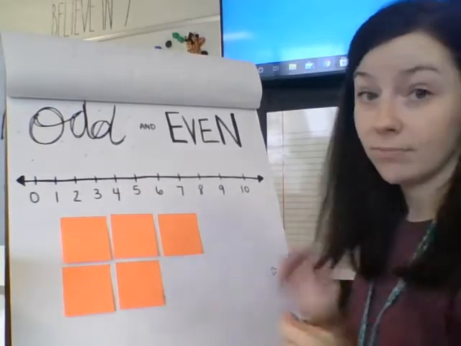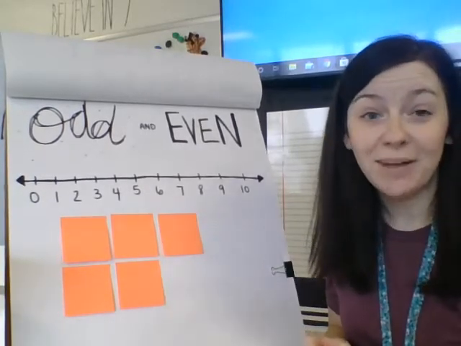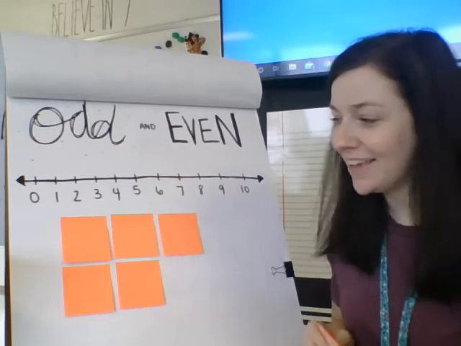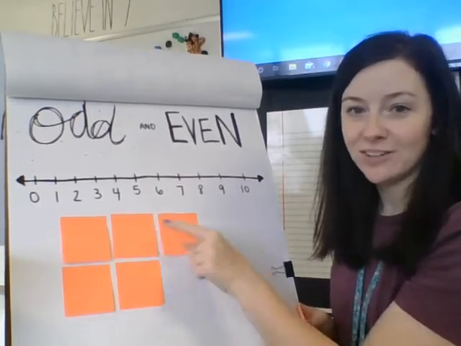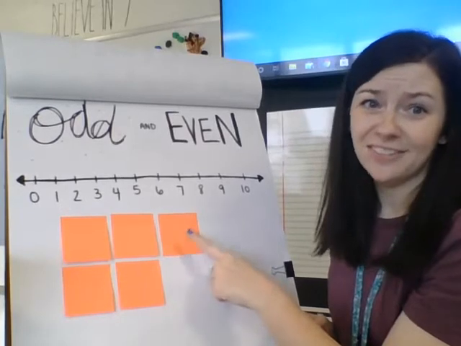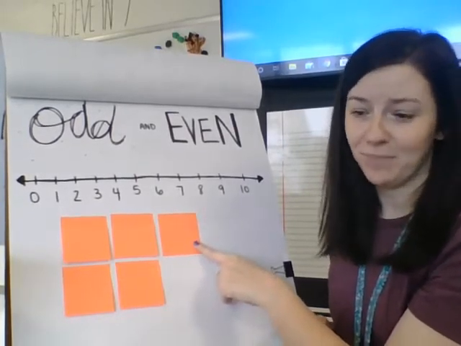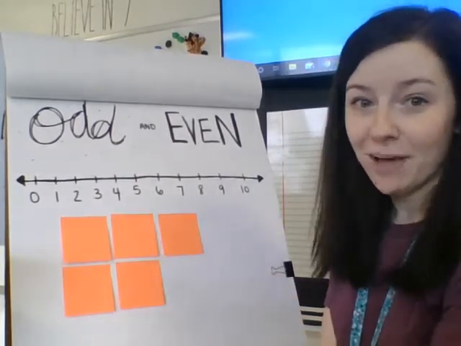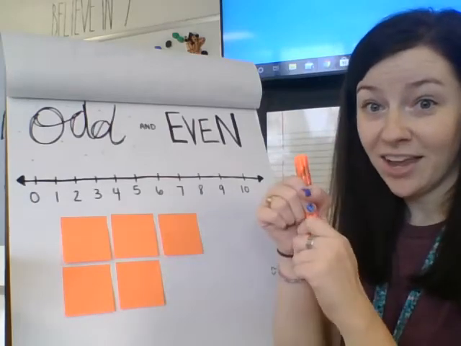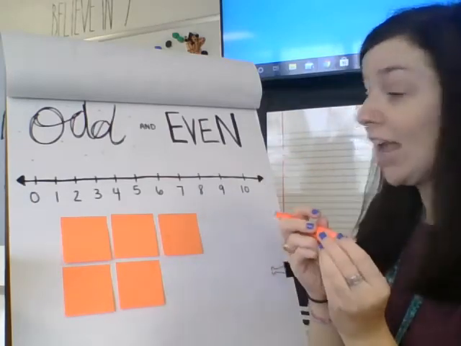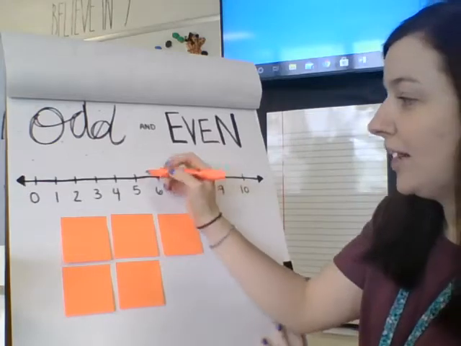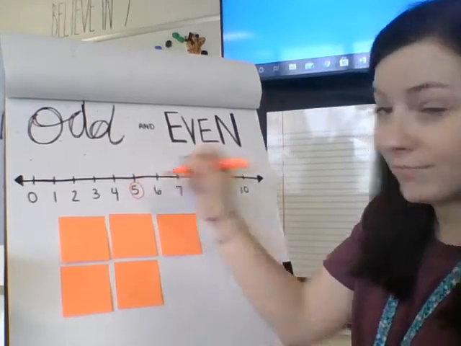Now, there's an odd man out. This is an odd number because we have partners, but we have an odd person. This odd person makes this an odd number. So on my number line, I'm going to use my orange marker, and orange is going to be for odd, and I'm going to circle the 5. We know that it is odd.